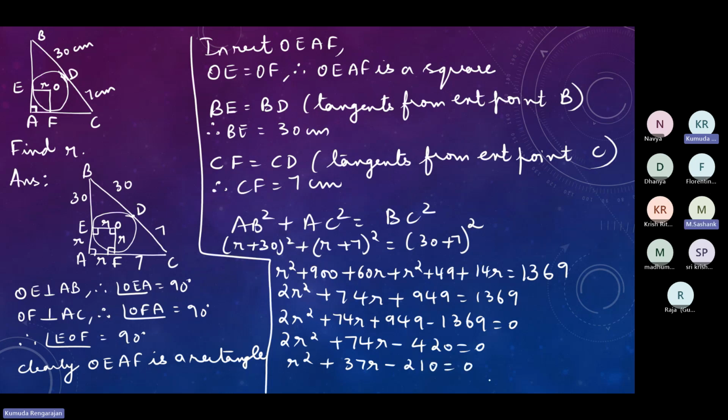You'll have to split the middle term now. 30 and 7?